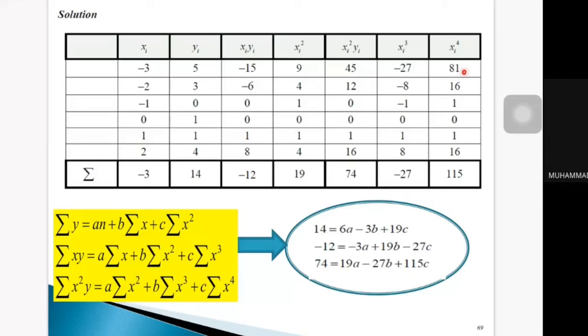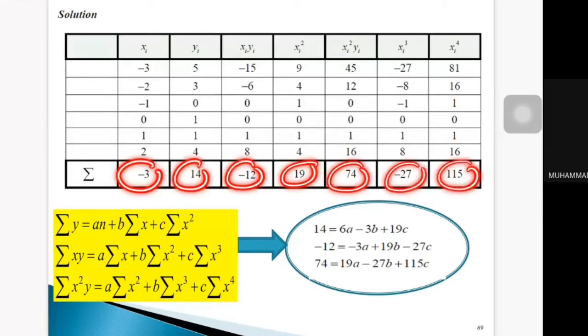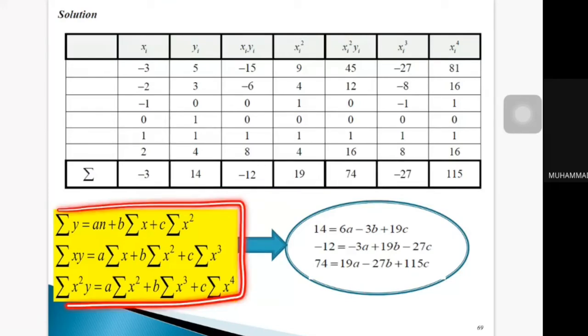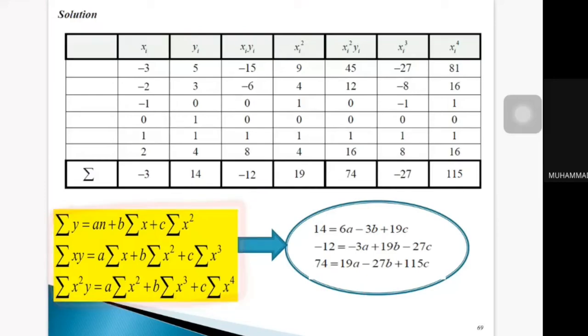And then xi power of 4, negative 3 power 4, you get 81. Okay, so you have to find all these values and then sum them up, the summation of each of these, and then substitute all these values into your formula. From this formula, you need to find the value of your A, B, and C. So you know the summation y here is equal to 14.